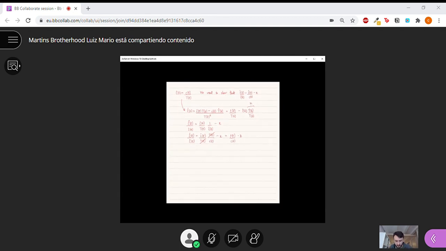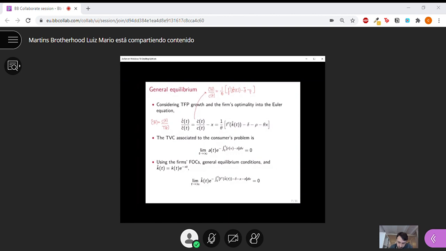So we just showed this first equality, and we have this minus x. I can multiply and divide by theta here, so I can put theta, 1 over theta, in evidence, and we have this relationship.